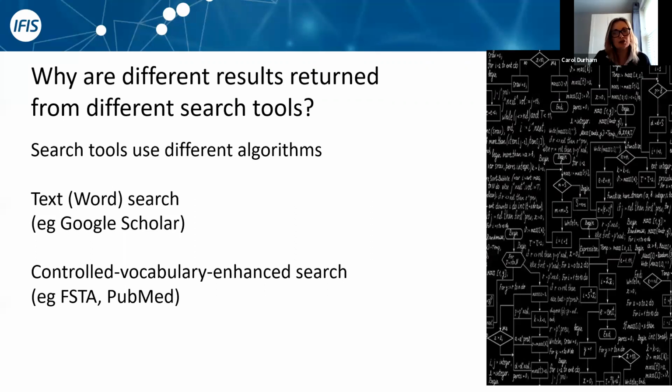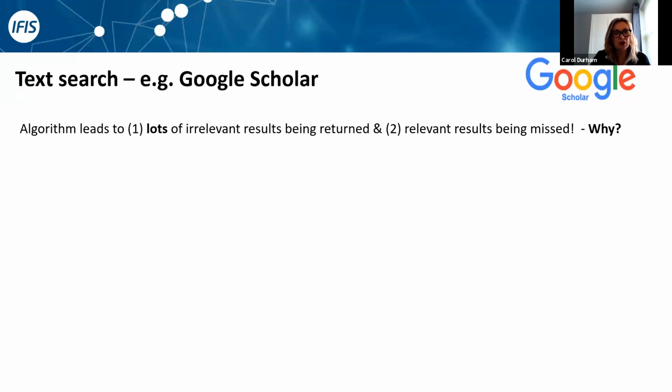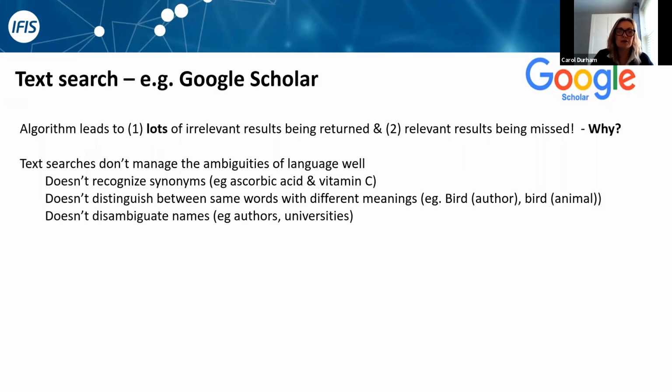If we take Google Scholar as an example, which is a text search, the algorithm that's used brings back lots and lots of results, which can be a good thing, but a lot of the results can be irrelevant, and you can miss some of the very relevant results. There are a couple of reasons for that. One is that text searches don't manage the ambiguities of language very well.